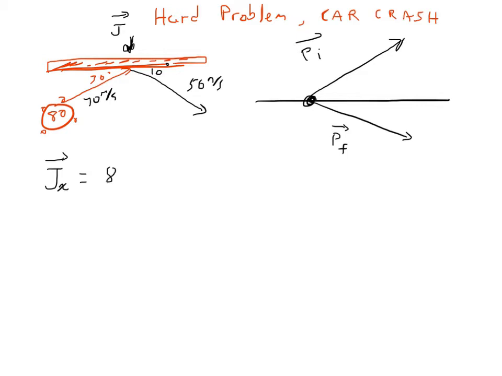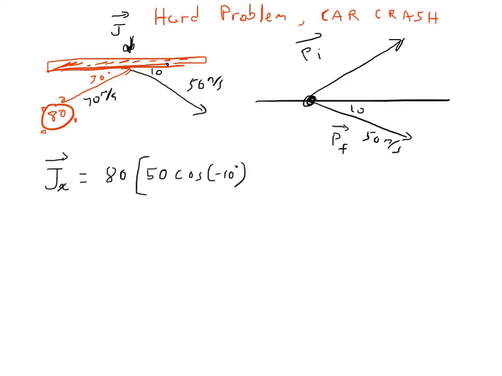which is its mass. And I guess we could just leave the mass way outside. So it would be mass times velocity. So its velocity was 50, because this was a velocity of 50, times cos of negative 10 degrees.